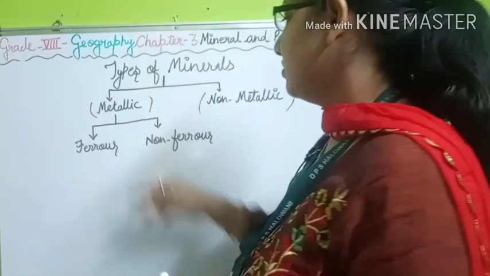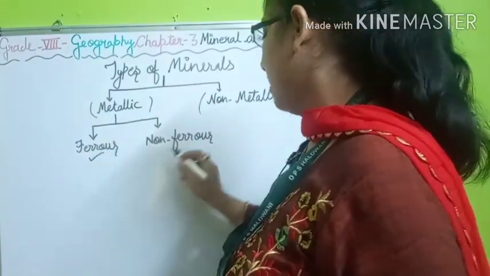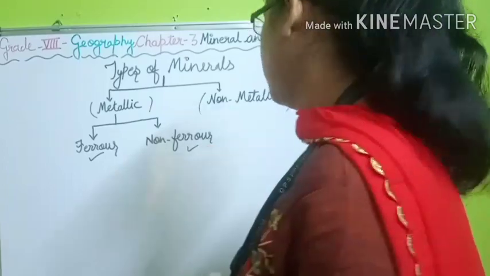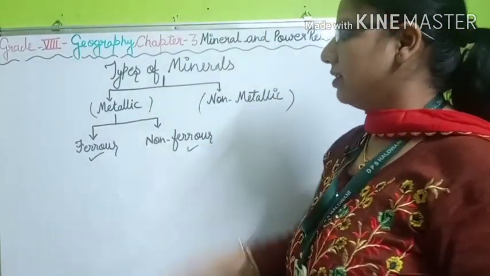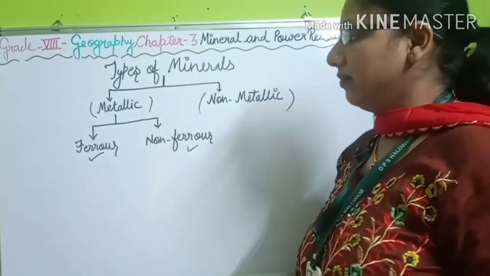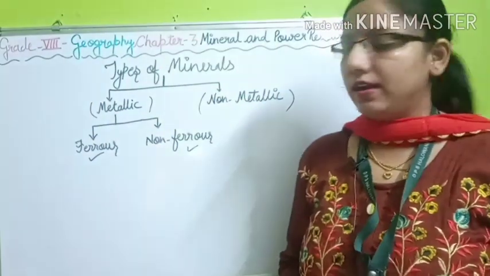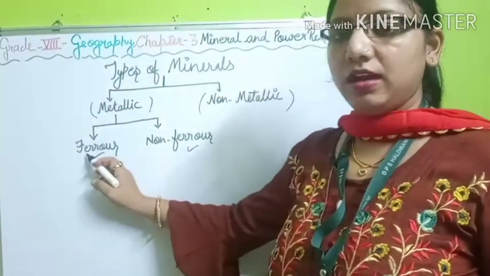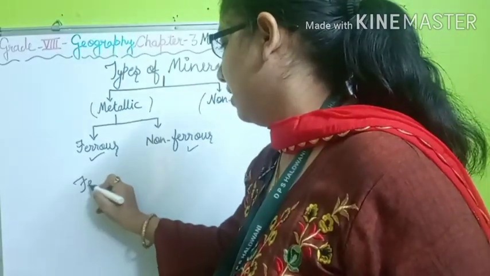Even the metallic can be categorized into two parts. First is ferrous and the second is non-ferrous. What is ferrous and non-ferrous? Ferrous is the metal in which we find the element iron. Actually, ferrous is the name for iron. The symbol is Fe.